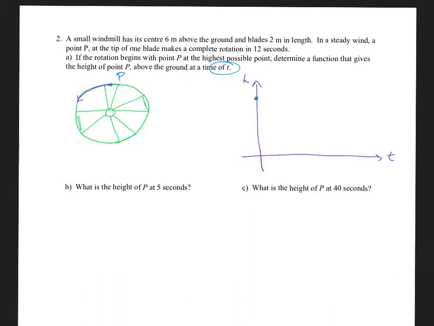Now, what happens to point P? Well, as P starts to rotate, notice that in this first part of the rotation, we have all of this horizontal distance that has to happen. So for instance, it takes this long for us to get there, and our point P only dropped a little.